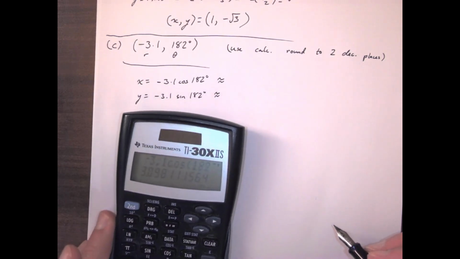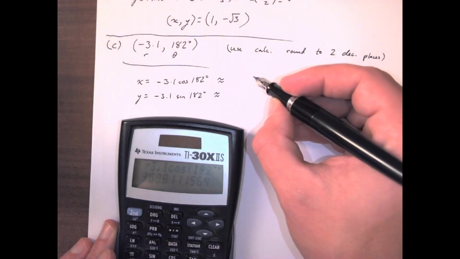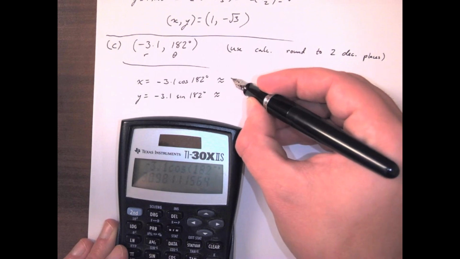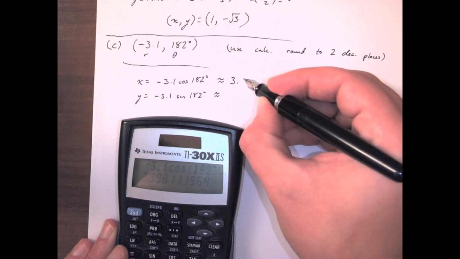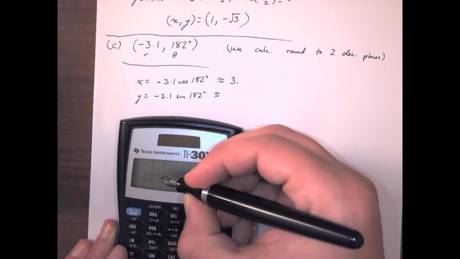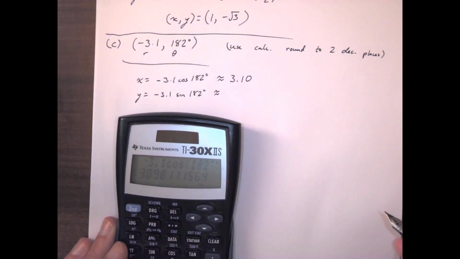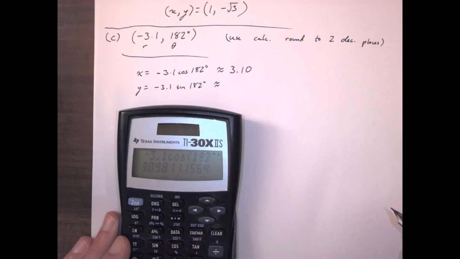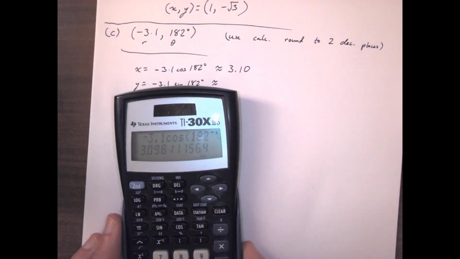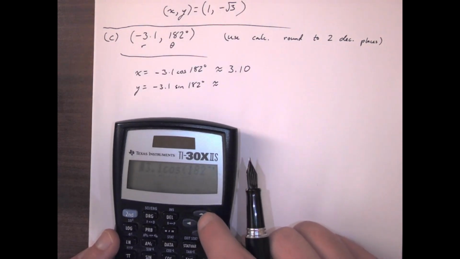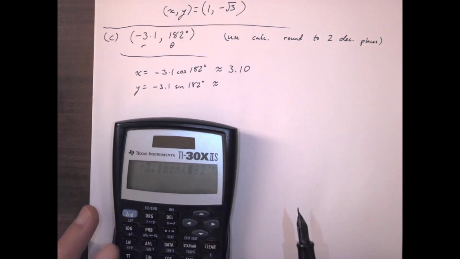So it's approximately equal to positive 3 point, and if I want to round this to 2 decimal places, then 9 would round up, so I'd actually round it to 10. So 3.10. Okay. And then, alternatively, we can try this with the sine.